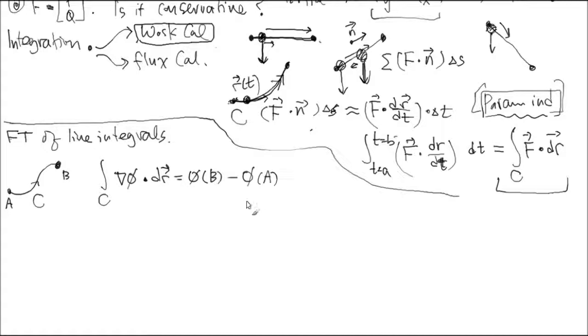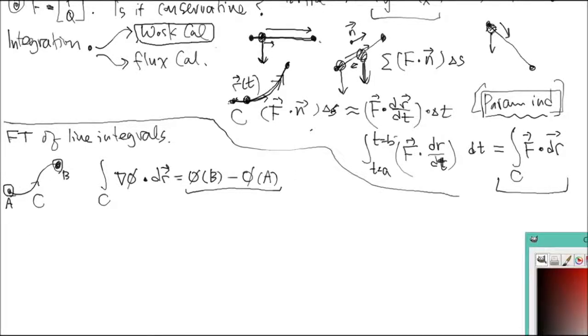Well, it's simple. It just looks like the fundamental theorem of calculus. But the significance of this one is the following. This only cares about the beginning and the end, right? I'm going to sketch a slightly different curve. Maybe I'm going to go around like this. This orientation, I'm going to call that C prime, right?